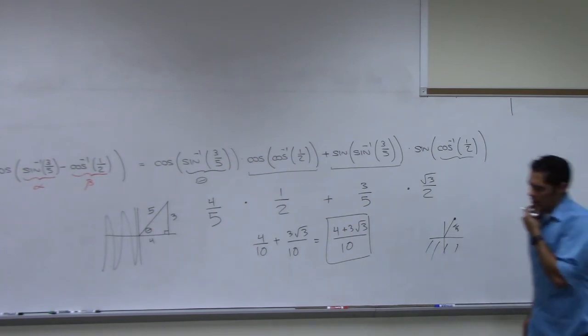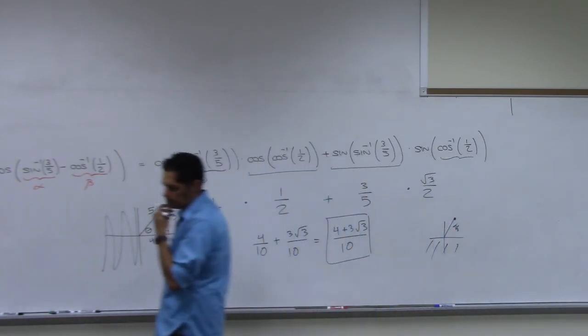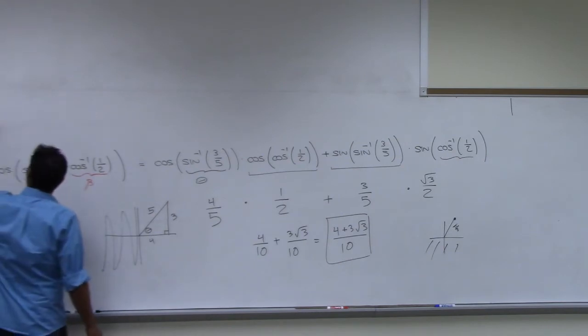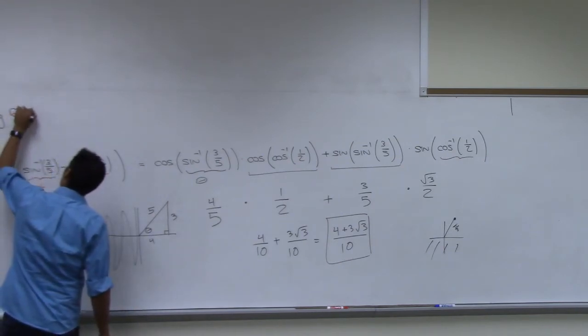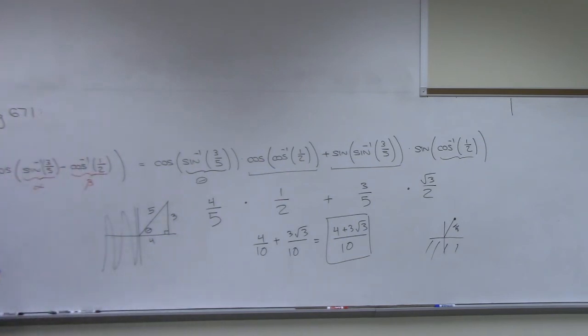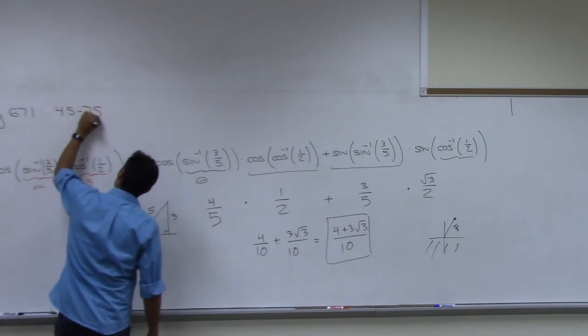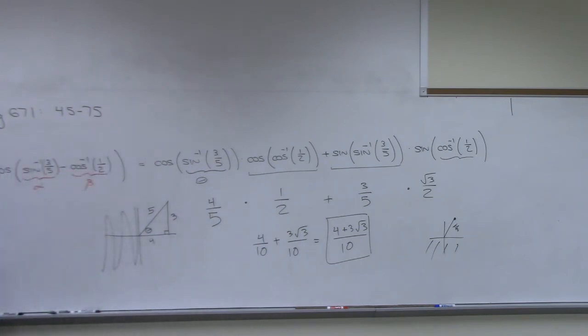Okay, it's a lot there. So I'm looking at this chapter review. It's on page 671, and it starts at number 45 and ends at number 75. I'm not giving that to you as a homework assignment.